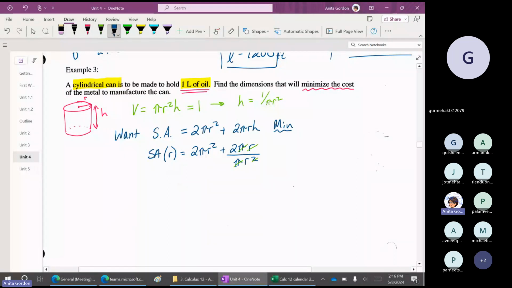So this simplifies to, okay, I'm going to stop writing SA. That's too much writing. Just A. We're going to know that this is area. I'm going to pull out a 2. Actually, no, it doesn't matter. Leave it there. 2 pi r squared plus, I'm going to write this as a negative exponent, if you don't mind, just to make the derivative easier. So what about the 2? Oh, yeah. Thanks.